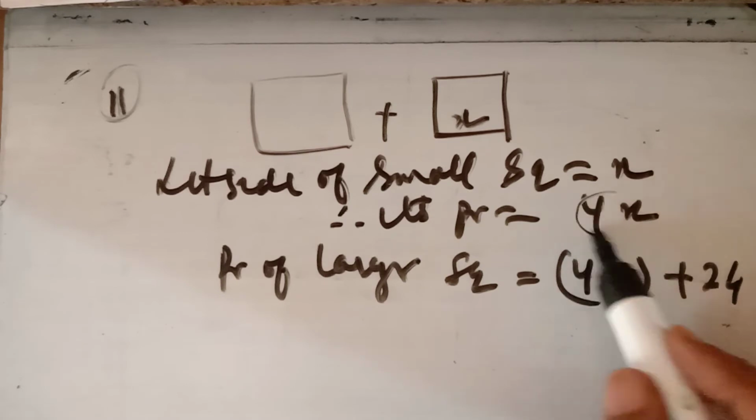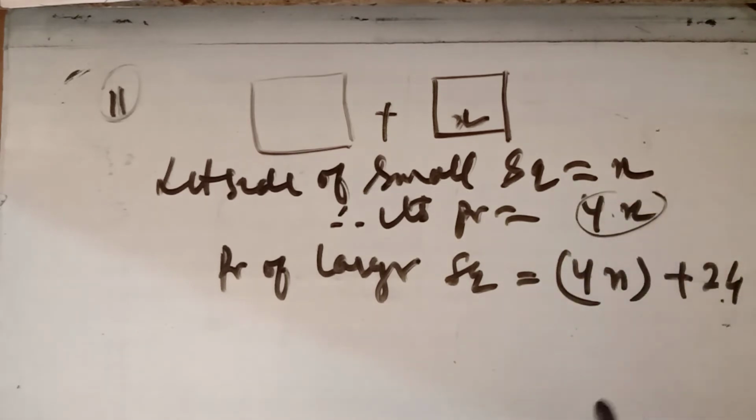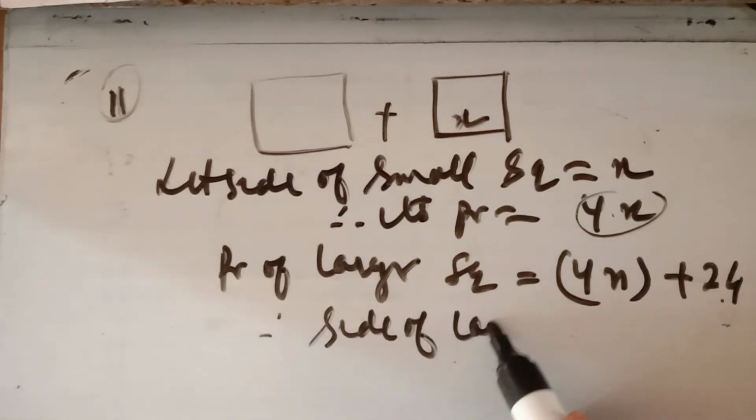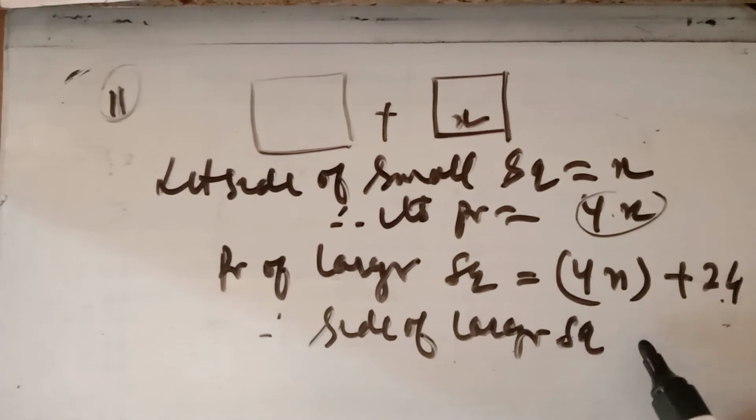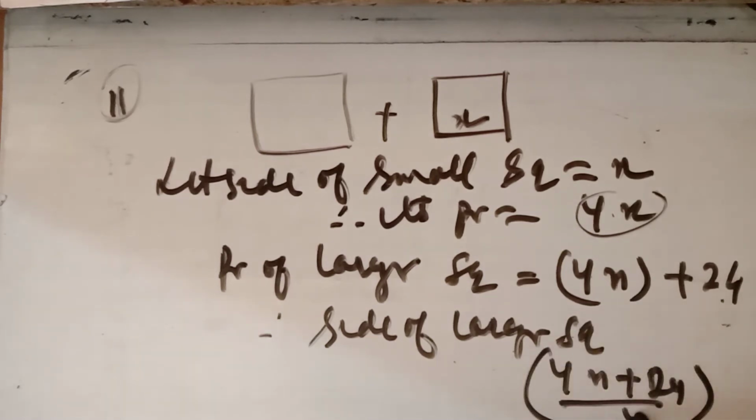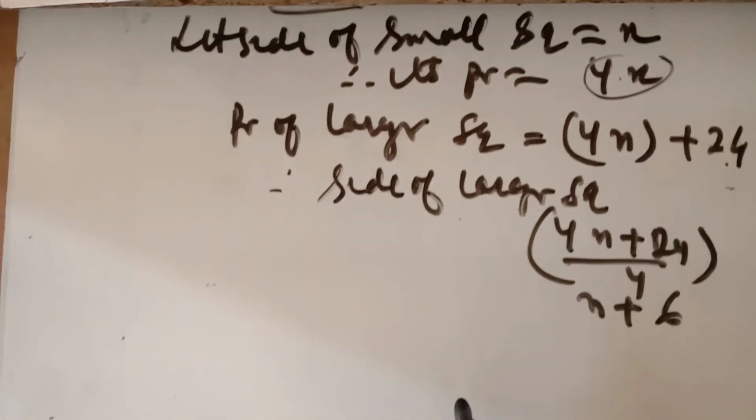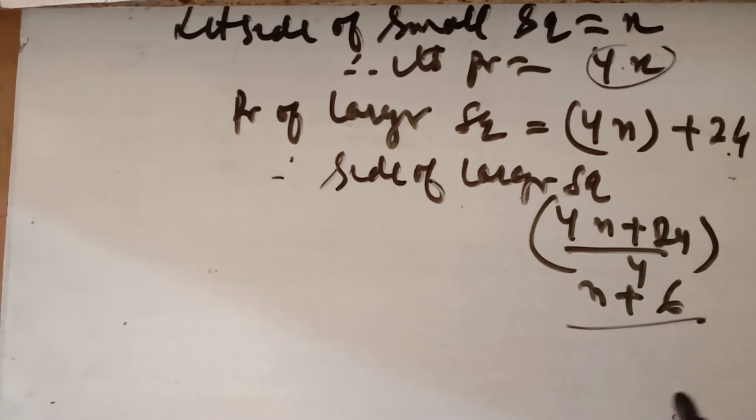The perimeter of the larger will be 24 more than the smaller. Therefore the side of the larger square you can find by dividing it by 4. So it will be x plus 6, the side of the larger square.